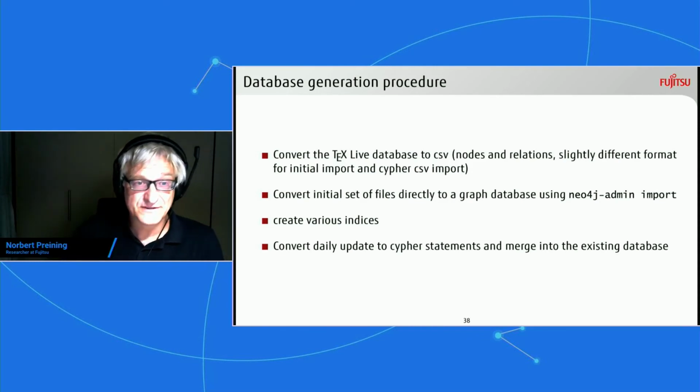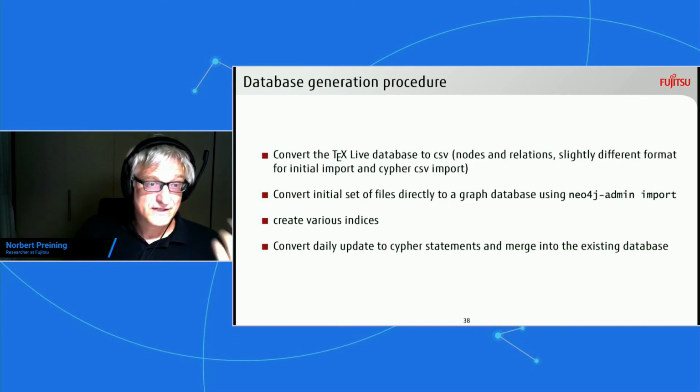Then one of the very important things: first you generate the initial database, like what we've seen before. Then don't forget, I sometimes forgot, to create indices, because otherwise everything crawls to a halt. And then I generated the update for every day, just the update Cypher statements, which I fed into the database.